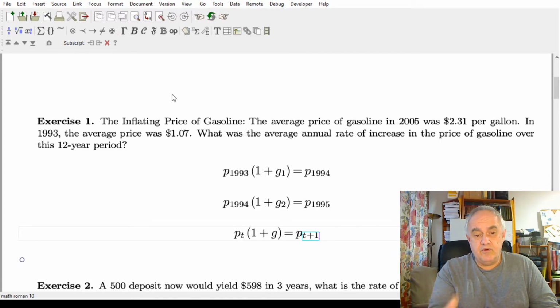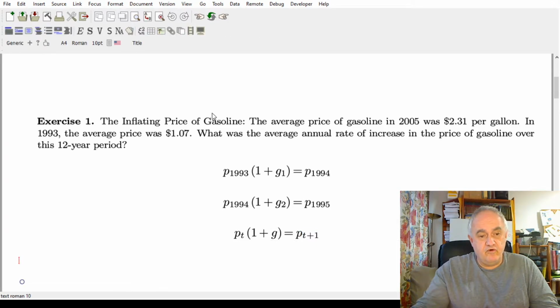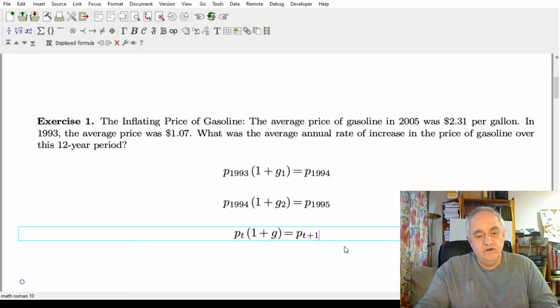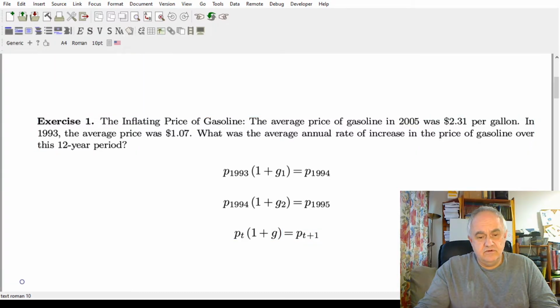And if we keep on recurring this, we will obtain, jumping from 1993 to 2005, this result.